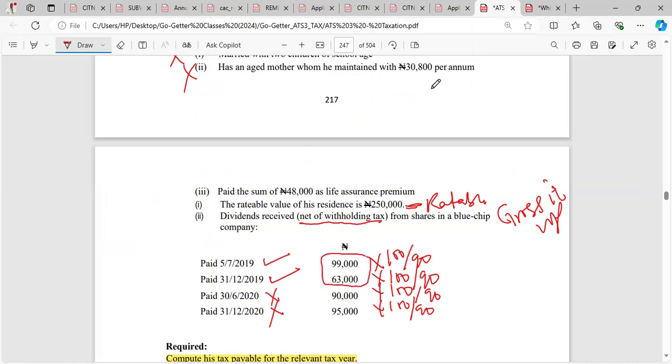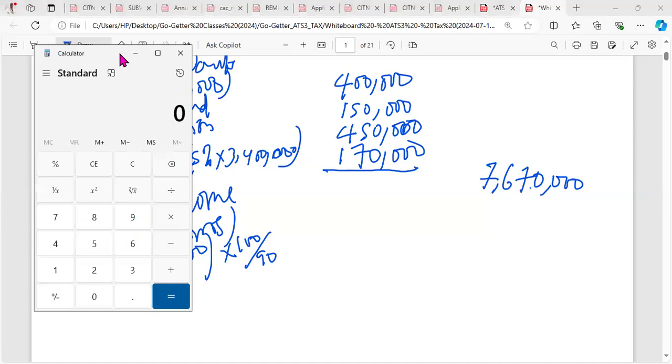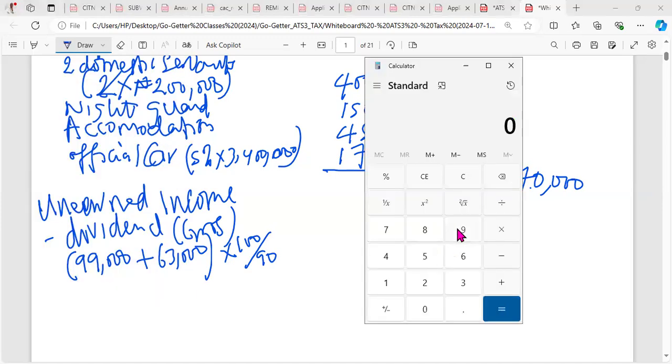So now let's look at 99 plus 63. We are going to gross them up. We'll say 99,000 plus 63,000, multiplied by 100 over 90.